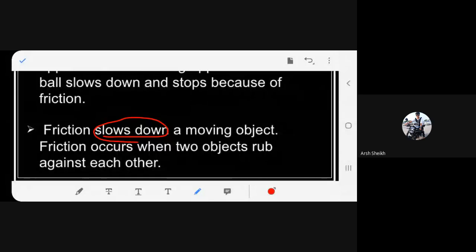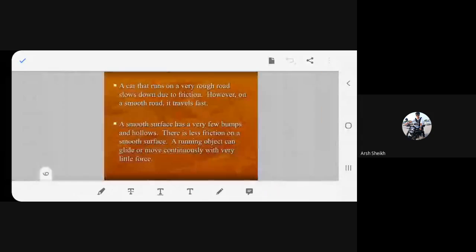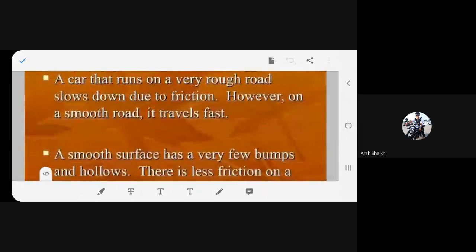Heat is produced. So due to friction, heat is produced. That we will come to know later. Maybe in the middle of the chapter, we will use this activity. So when there's friction, it is opposing, no doubt about it, but even heat is released when two objects are rubbing each other.